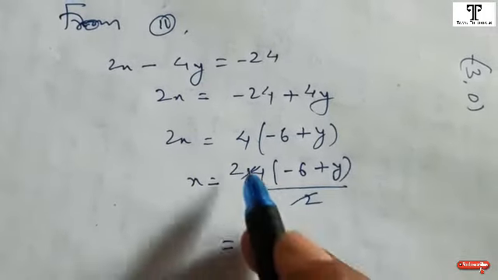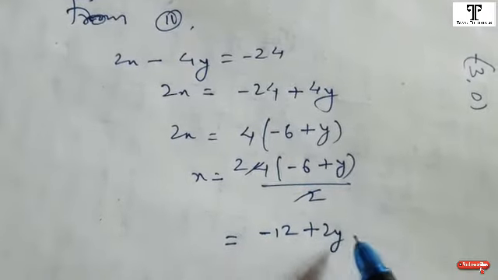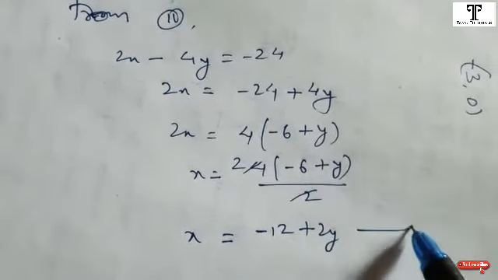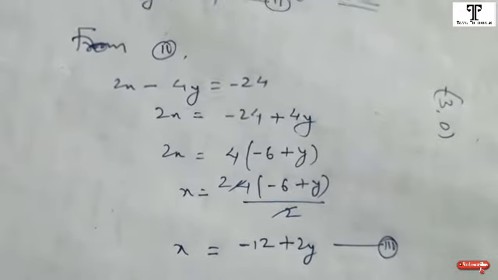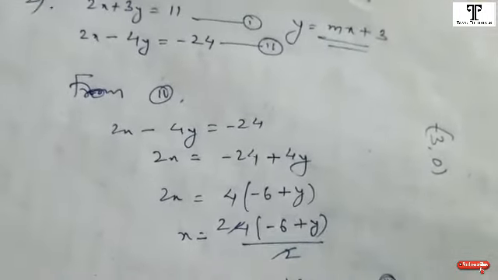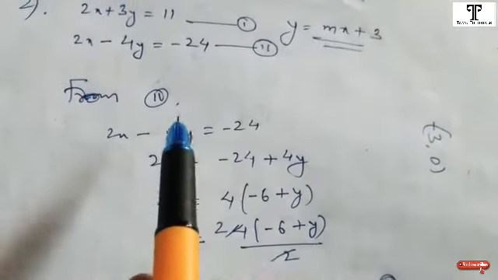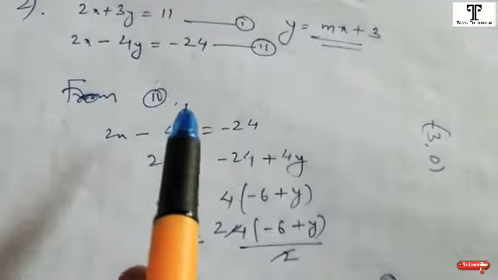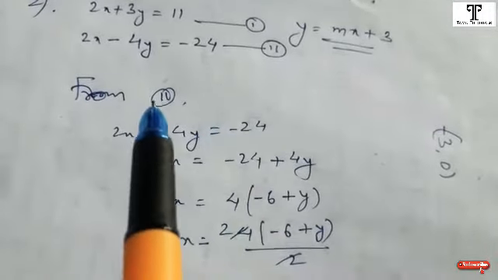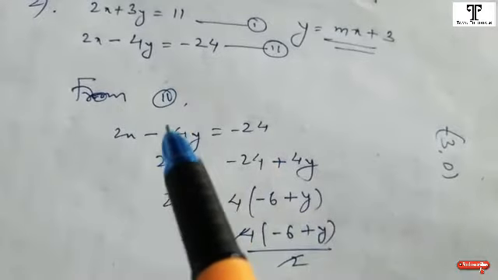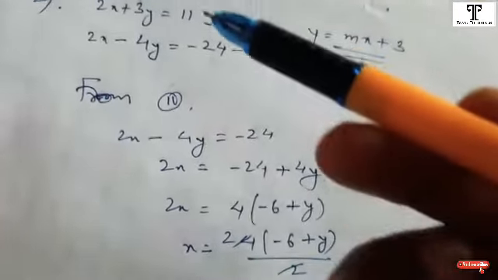So 2 into minus 6 is minus 12, 2 into y is 2y, so x is this. Okay, this is equation 3. Now you have to substitute this equation in equation 1 as you have taken from 2. In the previous question I had taken from 1 and substituted in equation 2, and here I have taken equation 2 first and we have to substitute this in equation 1.